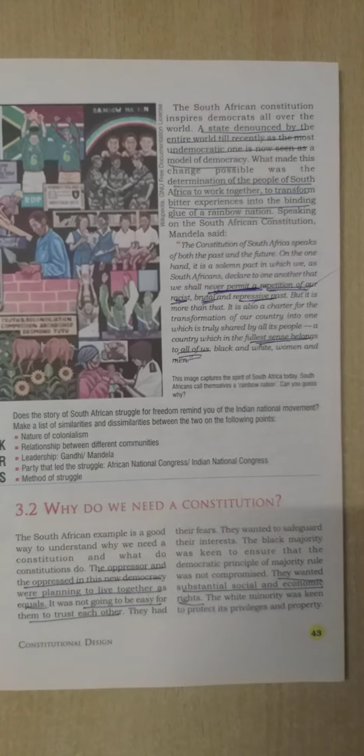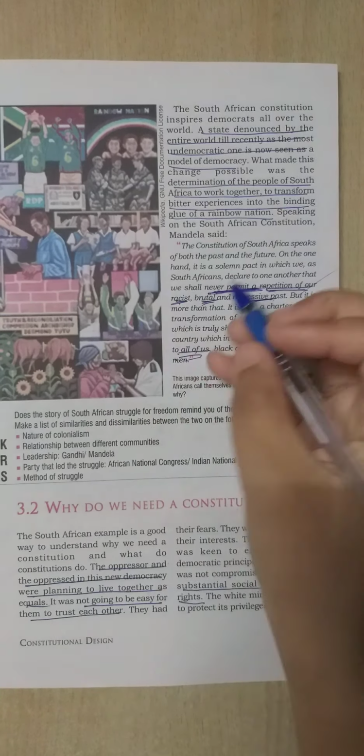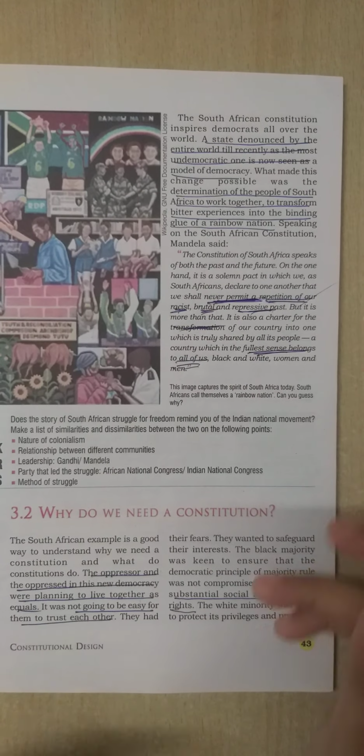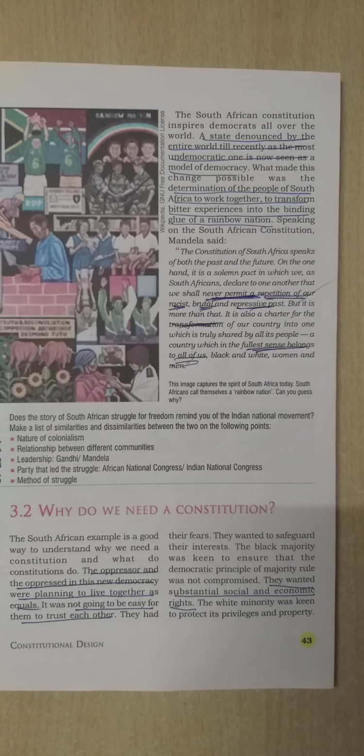He says that okay, our past has been racist, brutal and repressive, but let's also make this constitution into a transformation of a country shared by all its people, whether you're white, black, men, women, all should be treated equally. So just imagine the positivity of this thought from a person who's been in jail for 28 years for just protesting against what should have been given to them in the first place.